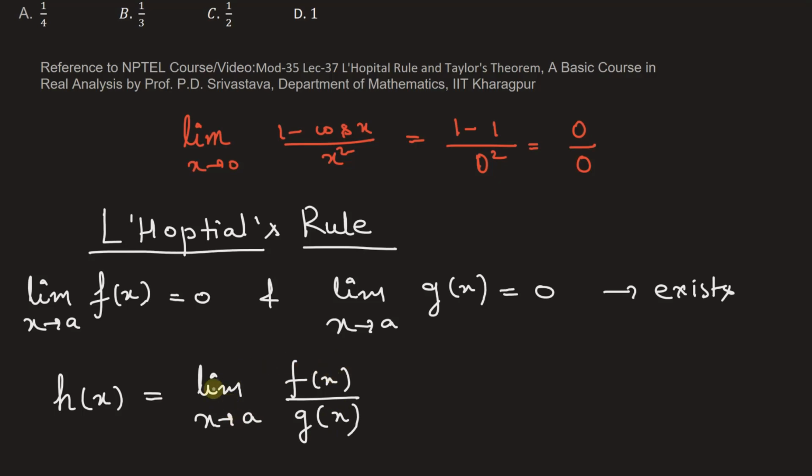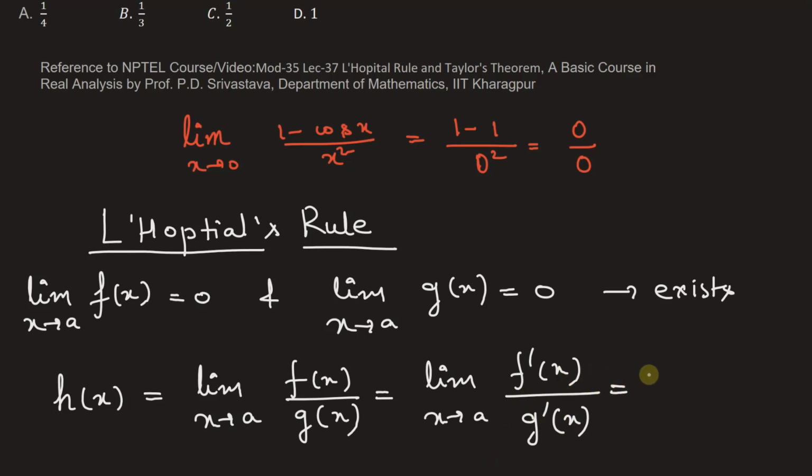Now see, limit f of x is also 0 and g of x will be also 0. So this function will be 0 by 0 form, and it can be written as limit x tends to a, f dash of x divided by g dash of x. This will be equal to limit x tends to a, f dash of x, that means derivative of f with respect to x, divided by derivative of g with respect to x.